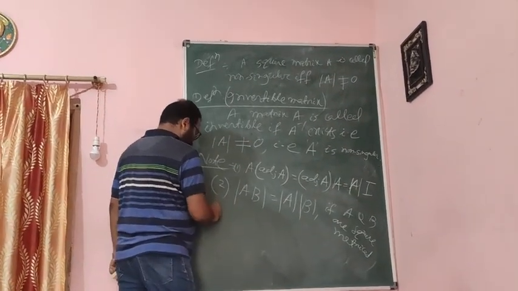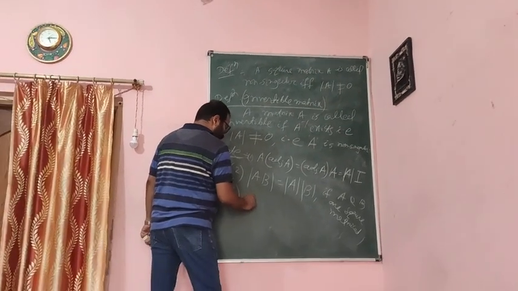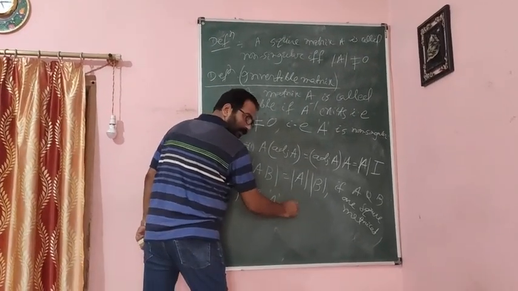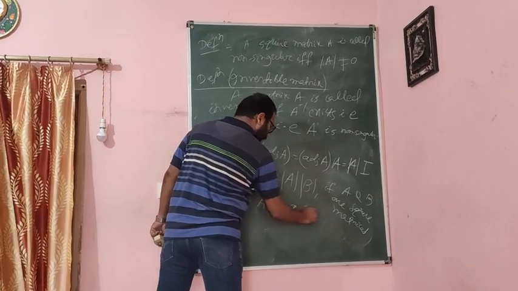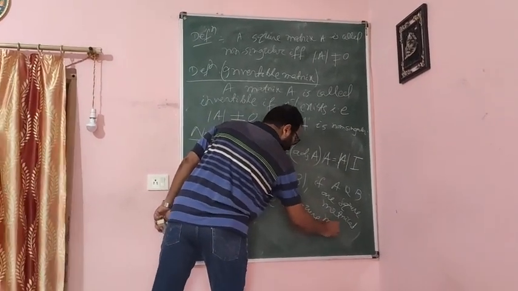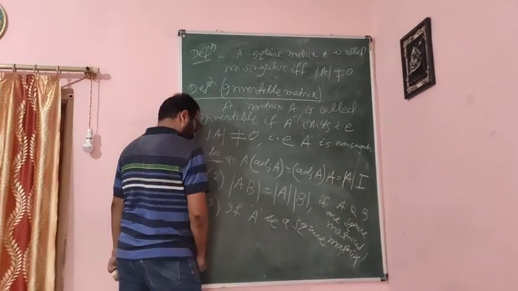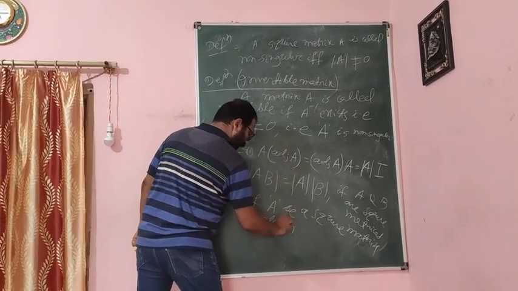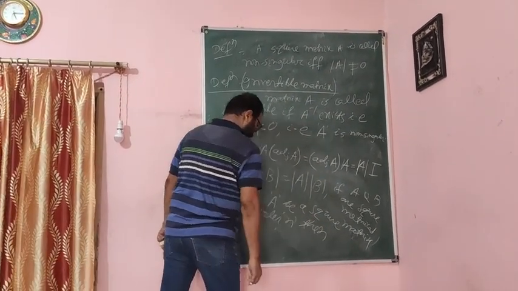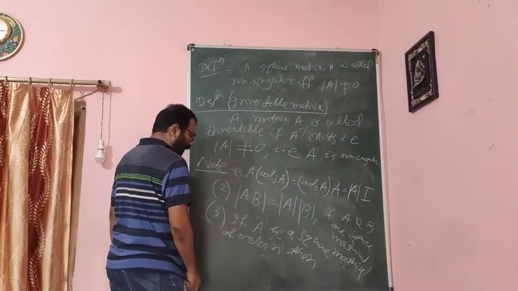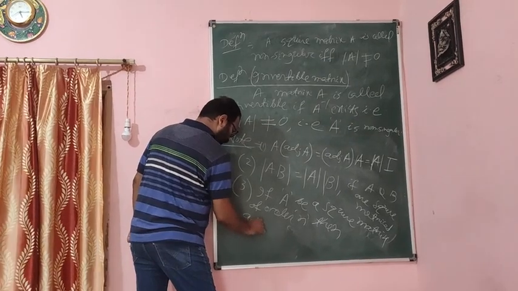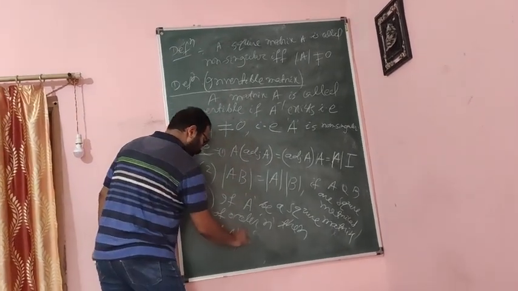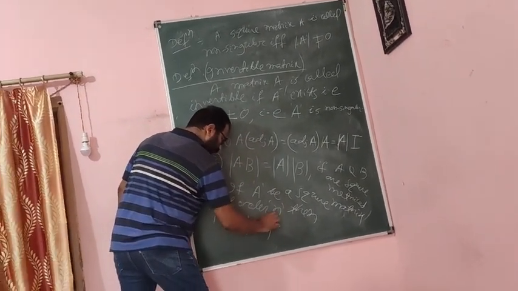And let's come to a very important concept here: the determinant of the adjoint of A. A very important formula: if A is a square matrix of order n, then the determinant of the adjoint of A is the determinant of A to the power n minus 1.